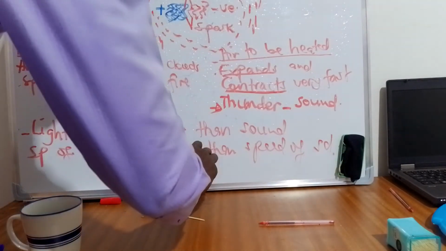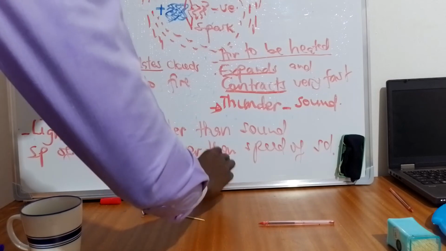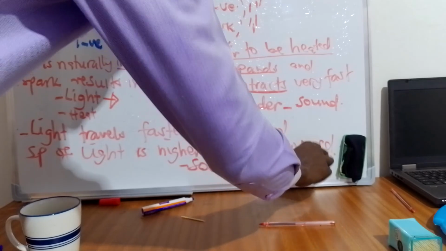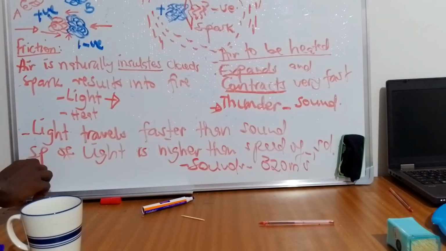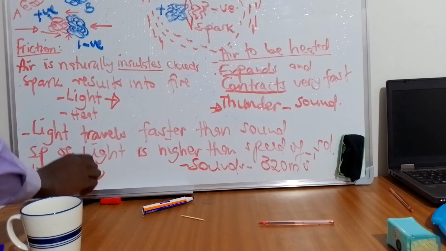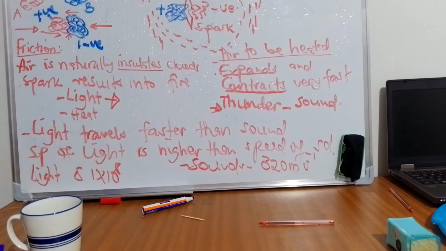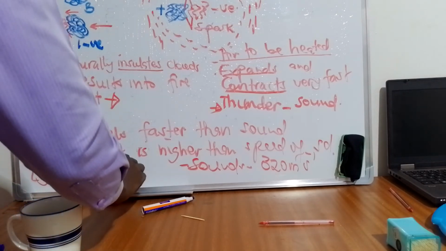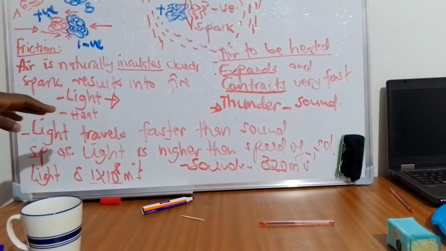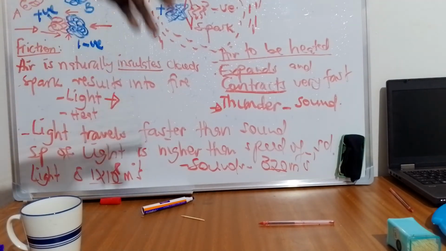Sound travels at 320 meters per second, whereas light travels at 1 times 10 power 8 meters per second. This is by far faster than this. That's why we see light faster before we have had this sound, the sound we call thunder.